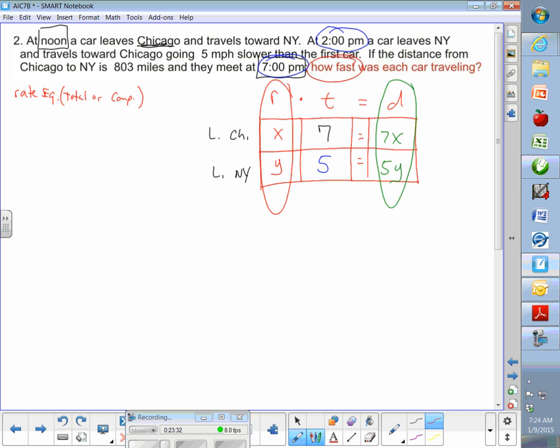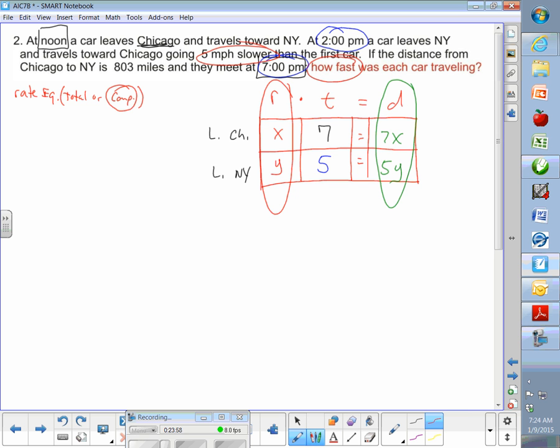At noon, a car leaves Chicago and travels towards New York. At 2 p.m., a car leaves New York and travels towards Chicago, going 5 miles per hour slower than the first car. Is 5 miles per hour slower a total or a comparison? And I hope you say a comparison.